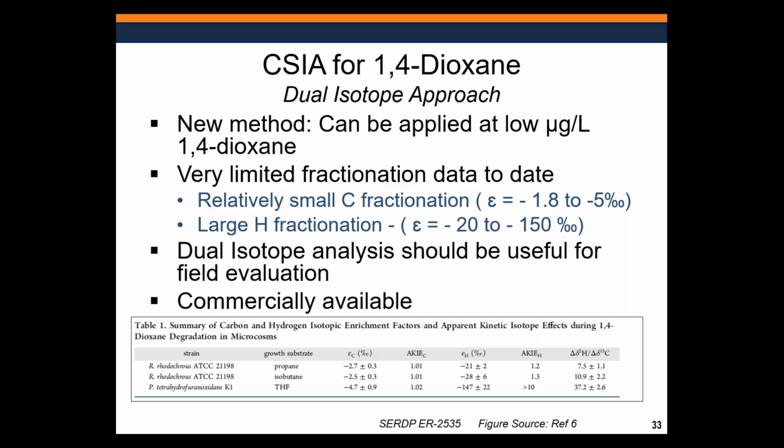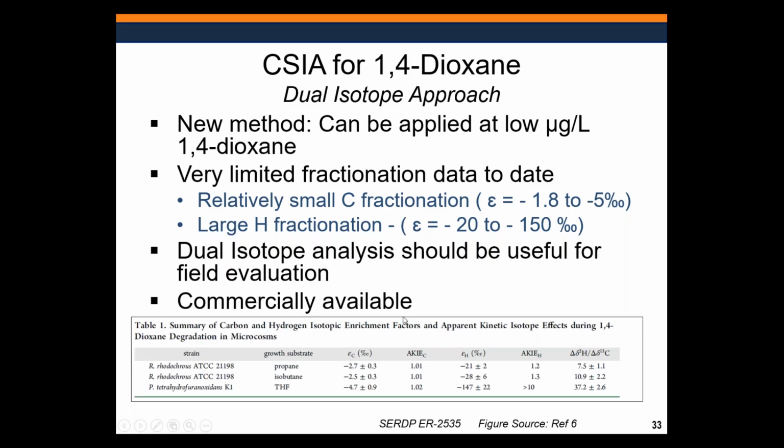What they've seen, and there's not a lot of data at this point but I'm sure more is coming, is a small to moderate carbon fractionation, 2 to 5 per mil, and a relatively large hydrogen isotope fractionation. There's always more variability associated with hydrogen isotopes, but dual isotope analysis may become very useful, particularly for MNA evaluations of 1,4-dioxane biodegradation in the field.